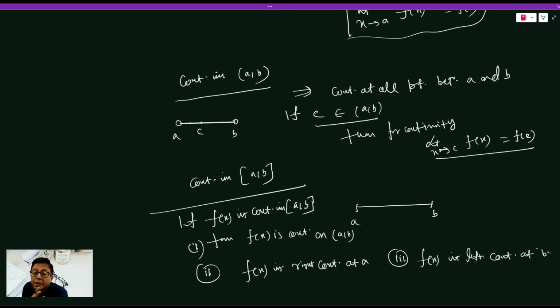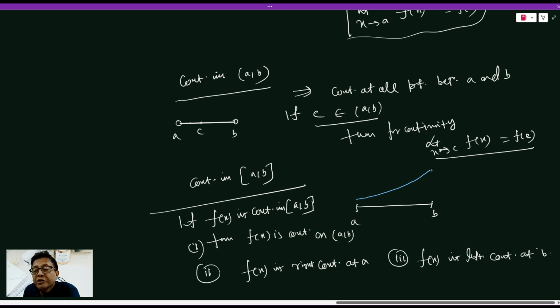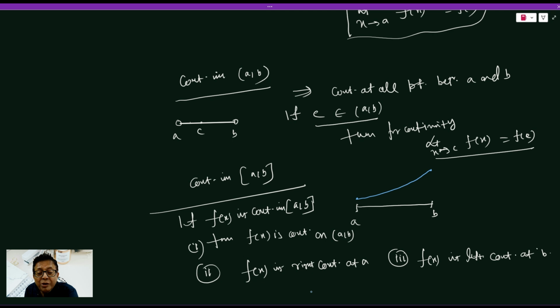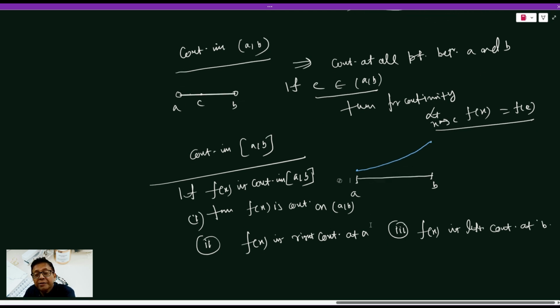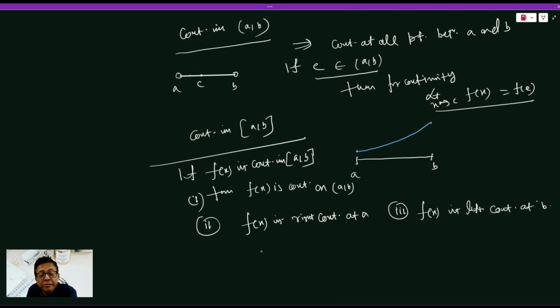At B. Because my aim is not to plot the graph of the function for continuity beyond B. If you try to plot the graph of the function here, you take an arbitrary one. So just up to the point B we'll check. For that, we'll be checking right continuity at A. What does it mean? This means limit x tending to A plus f(x) must be equal to f(A).